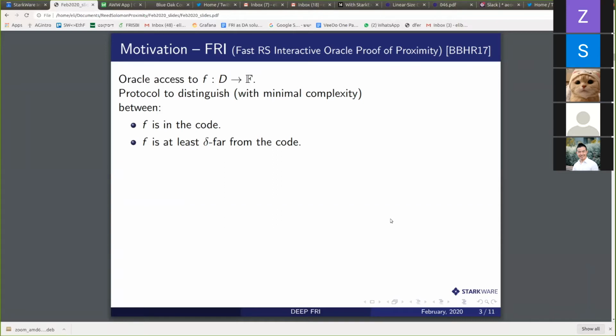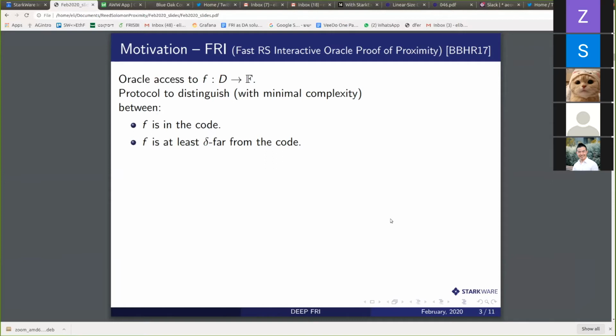It's called the IOP, the Interactive Oracle Proof Model, where we assume this is what is explained in this slide. We assume that we are given oracle access to the function f, and we would like to design a protocol that distinguishes with minimal complexity between 2 extreme cases. Either f is in the code, in which case the verifier should accept, or that f is delta far, and think of delta as pretty large, from the code, in which case we would like to reject with high probability.